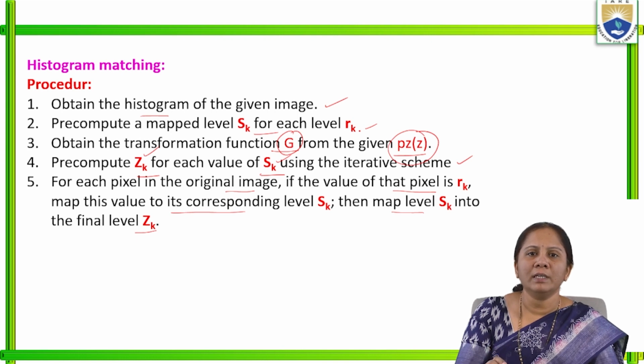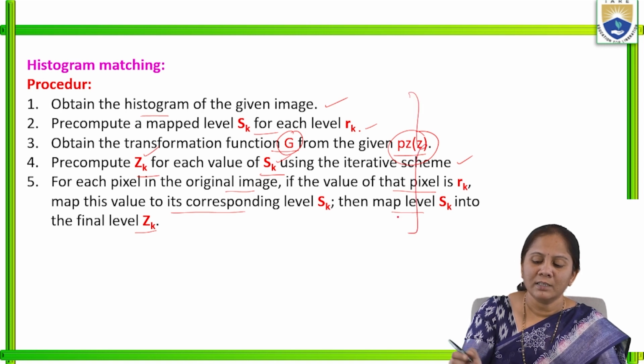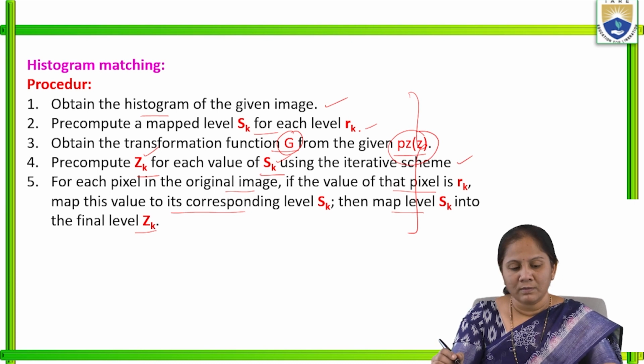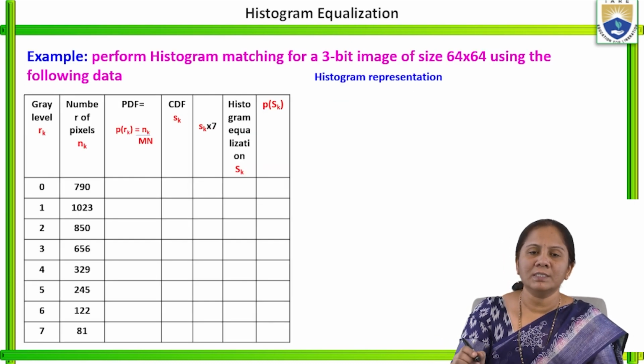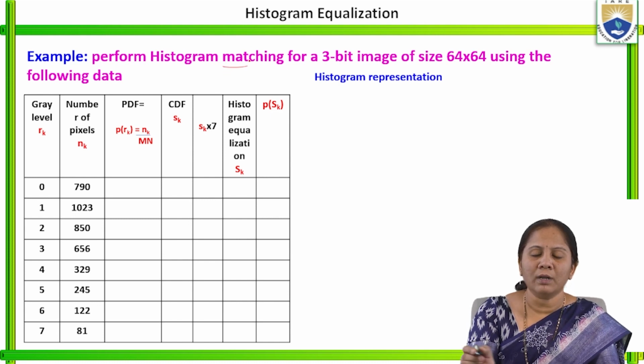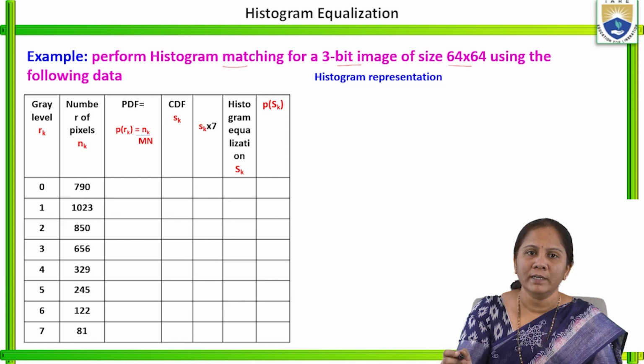In order to clearly understand this procedure, let us solve one example problem related to histogram matching by applying this procedure step by step. Let us consider this example: perform histogram matching for the 3-bit image whose size is 64 by 64 using the following data.